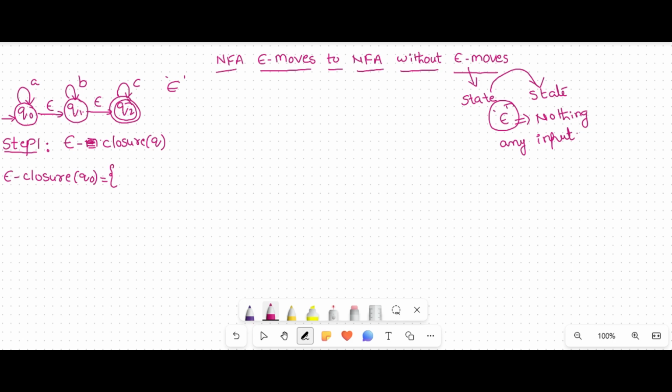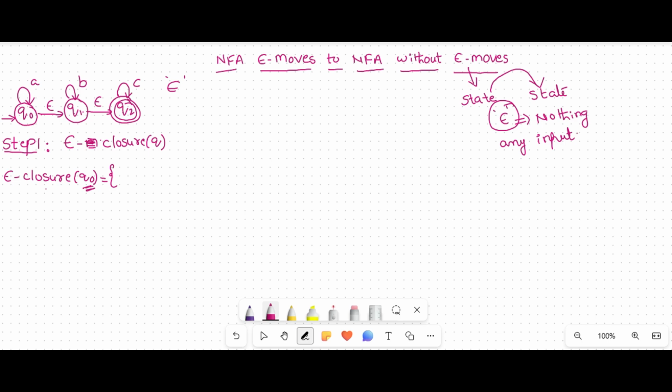What is meant by epsilon closure? How do we find it? From the given state, we take all the states reachable with epsilon transitions. I am repeating it again: how to find the epsilon closure of a state? From the given state to the states which have epsilon transitions.